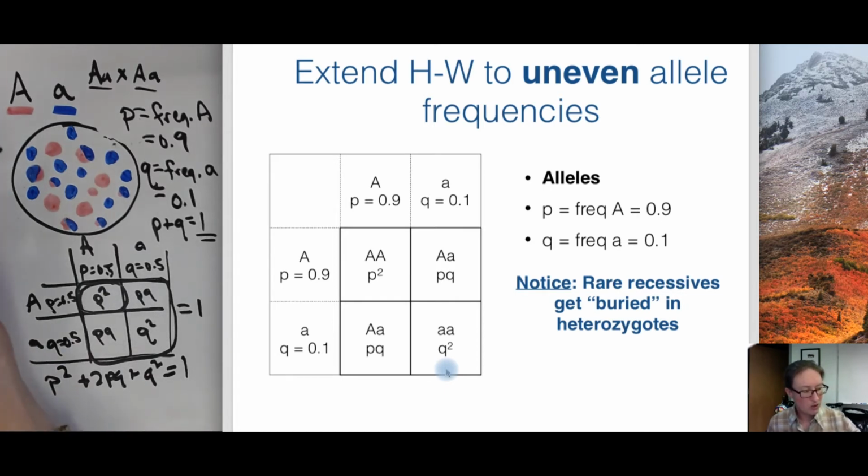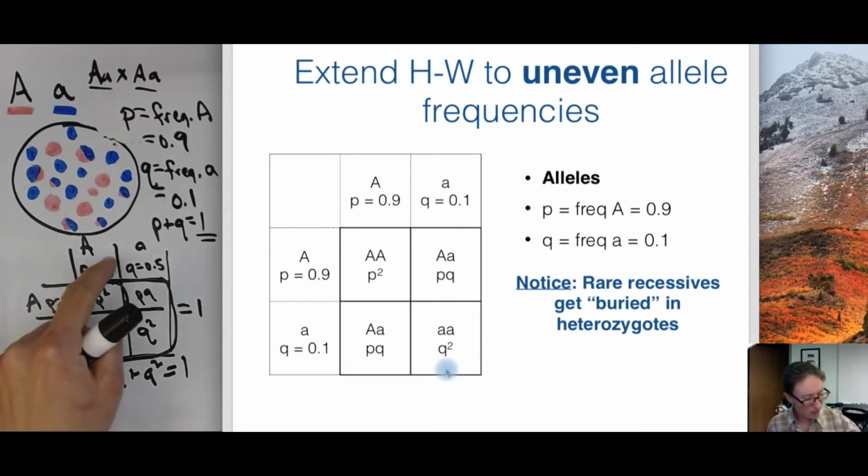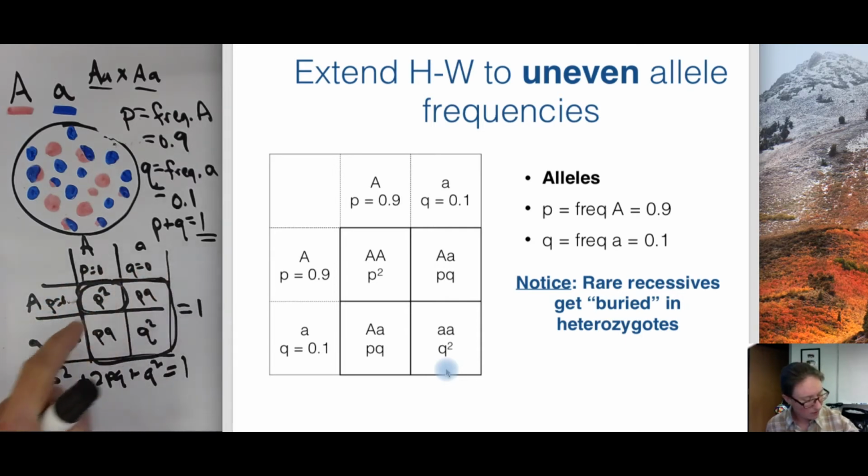What we're picturing is, in this population, 90% of the alleles are the big A, 10% are little a. And what we want to do is pull the individuals apart, thinking about just their alleles, and then combine them back together to see what the genotype frequencies are. So in this case, P is going to be equal to 0.9.